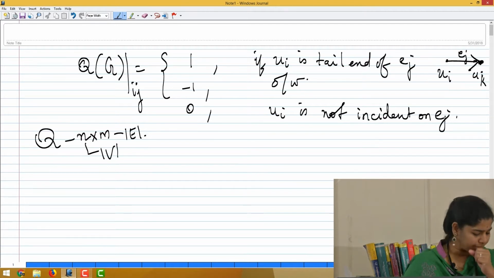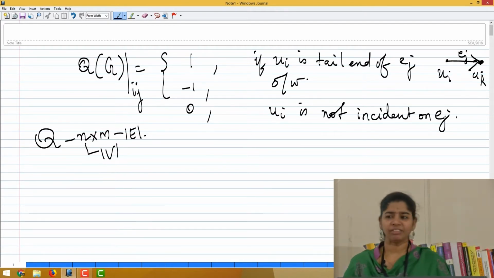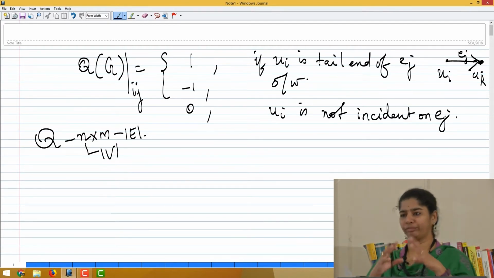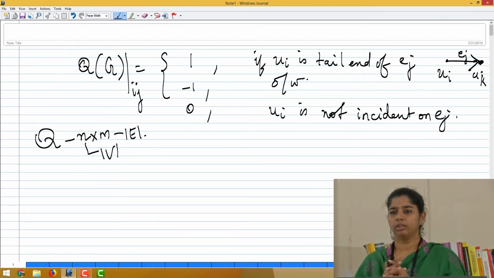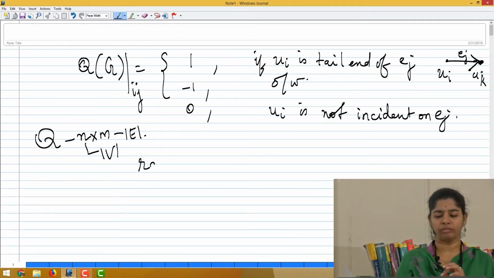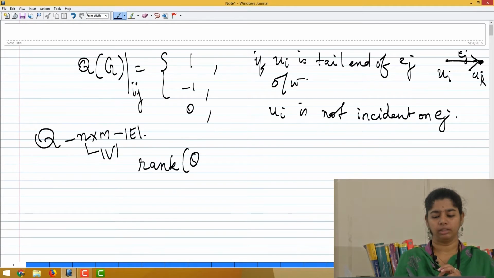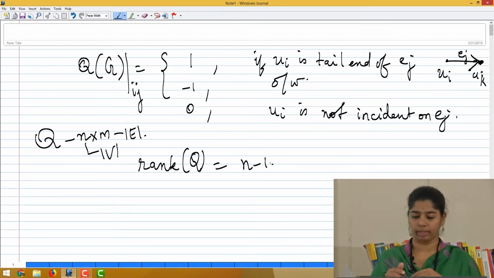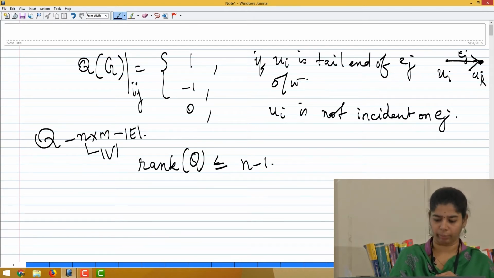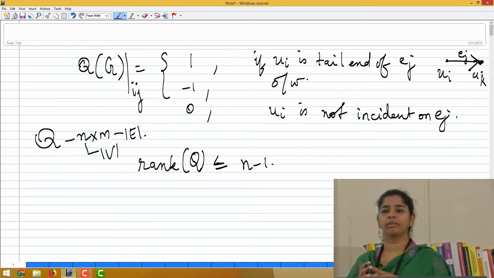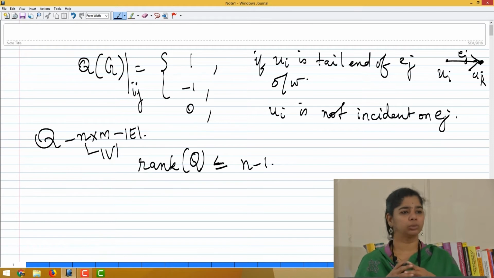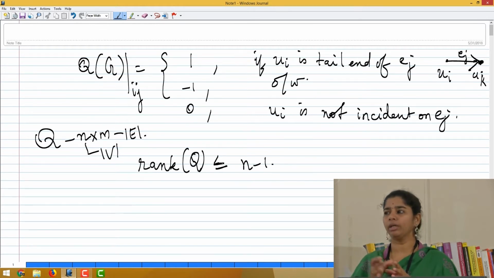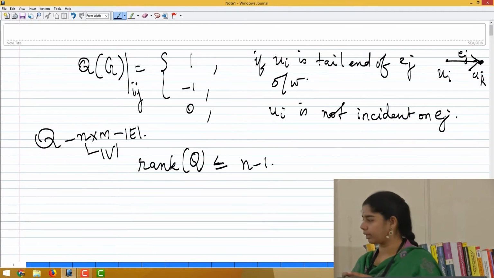So what can we say about the column space of this Q? We have already seen that the rank of this matrix is at most n minus 1, depending on whether our graph is connected or not. This would be n minus 1 or n minus k, depending on the number of components. This much we have seen already.